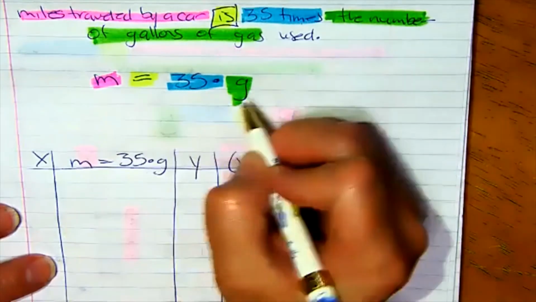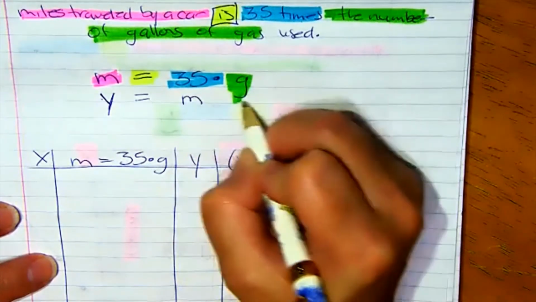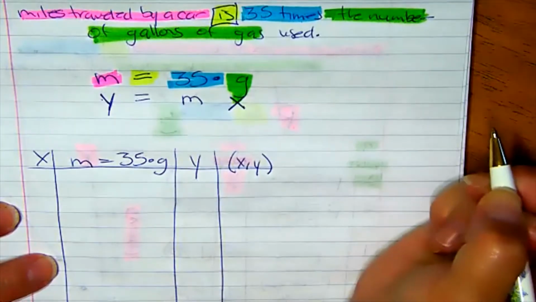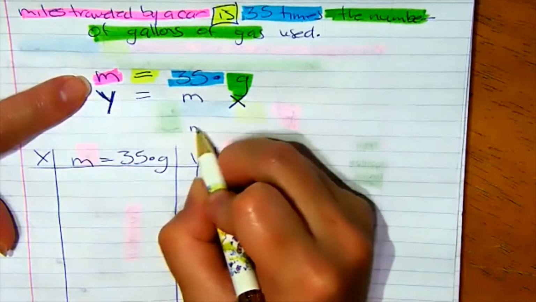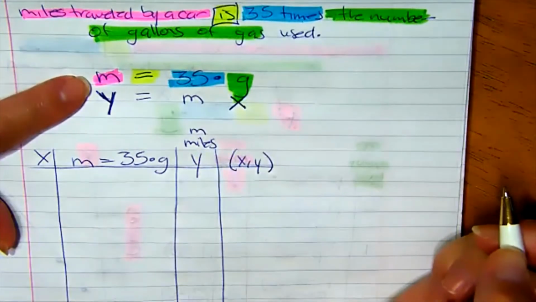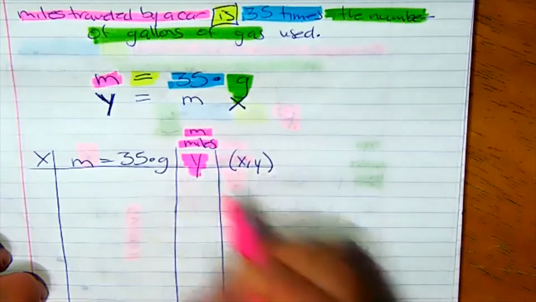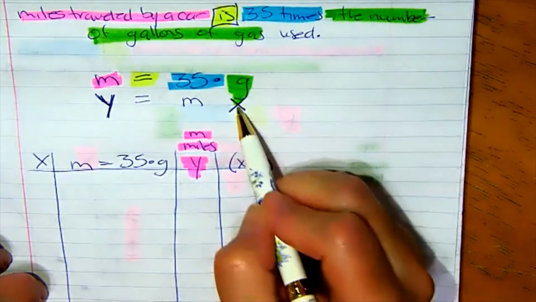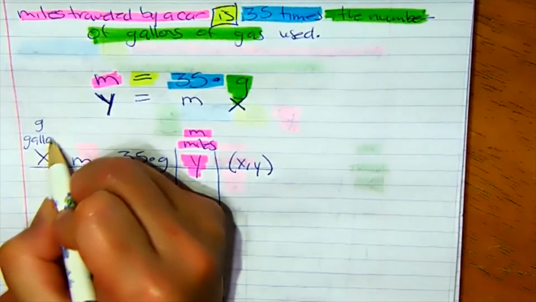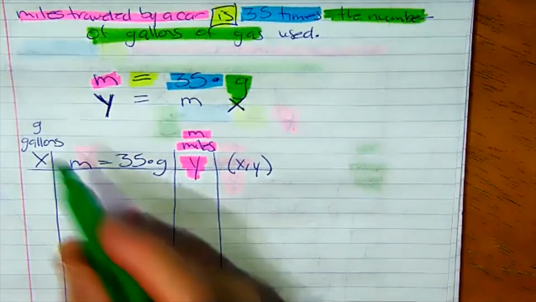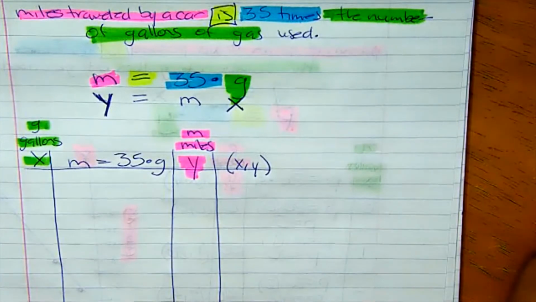Well, Y equals MX, right here. So my Y is M, miles. And you can color code that if it helps. My X is G, gallons. And you can color that. Might help.